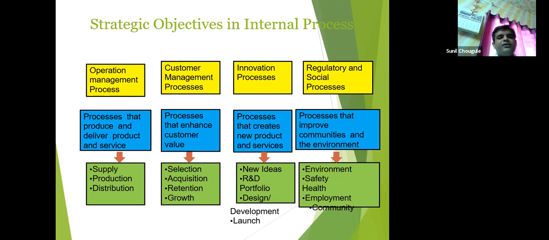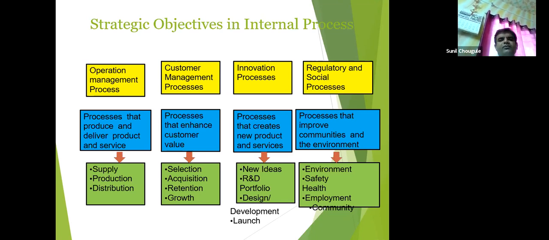They go for selection, or their process of searching starts, then they select the product, then they acquire that product, then they keep that product for a long duration. If the product is costly, like home appliances, refrigerator, washing machine, television set, they keep these for a longer duration, and they grow also. So all these processes happen in the customer management process.